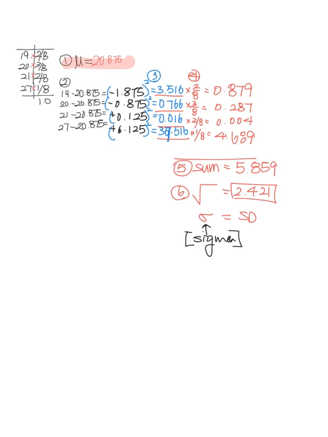First, we take the average. Step number 2, take the difference. Take the square. But now, step 4 is a new step, times the probability. Then take the sum. Finally, take the square root. Another 6 steps. It's almost the same.